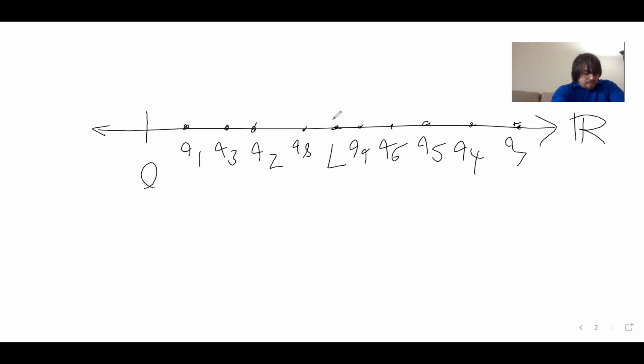Kind of. So now let's look at this open interval around L. The left endpoint of the open interval is L minus epsilon, and the right endpoint is L plus epsilon.